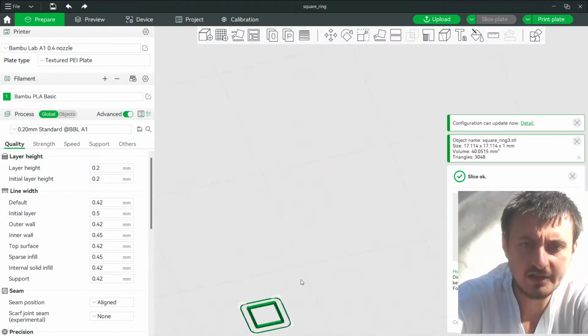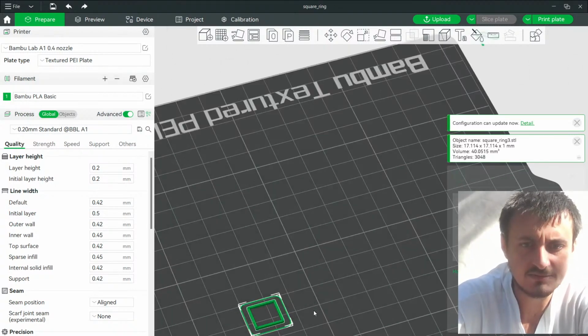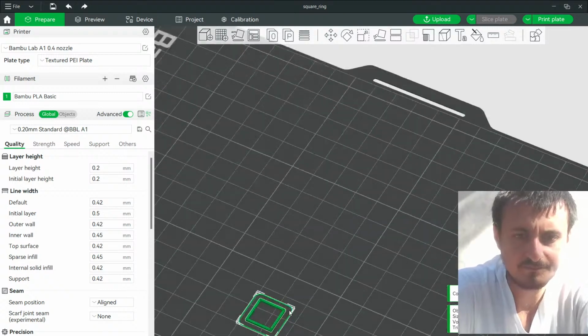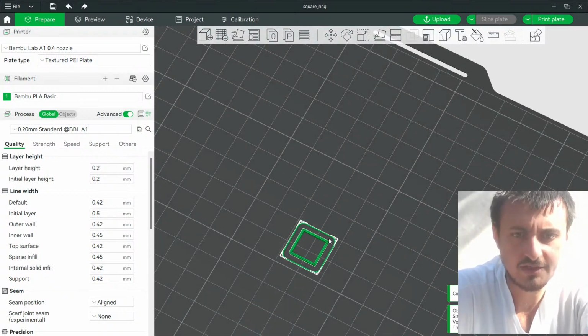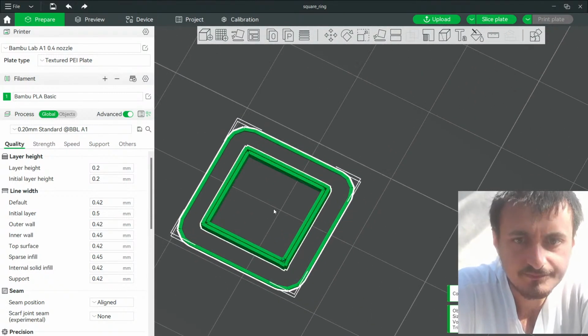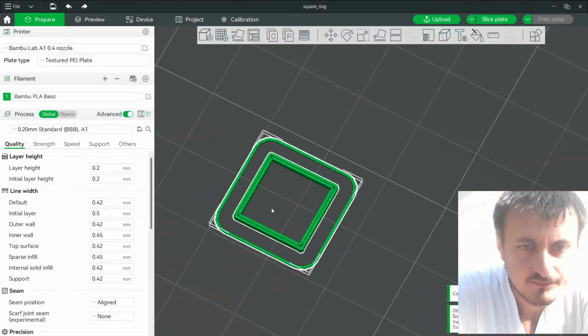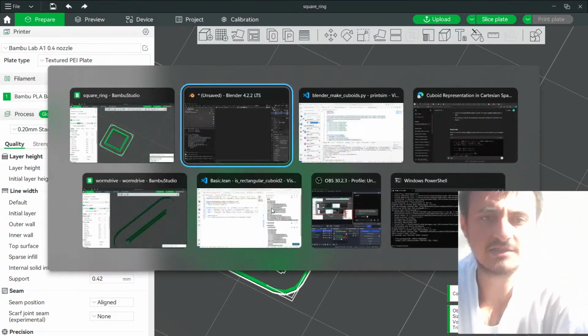Whatever. Can't even tell. That looks pretty good, actually. I don't know what changed, but that looks pretty good. All right, cool. That's good stuff.